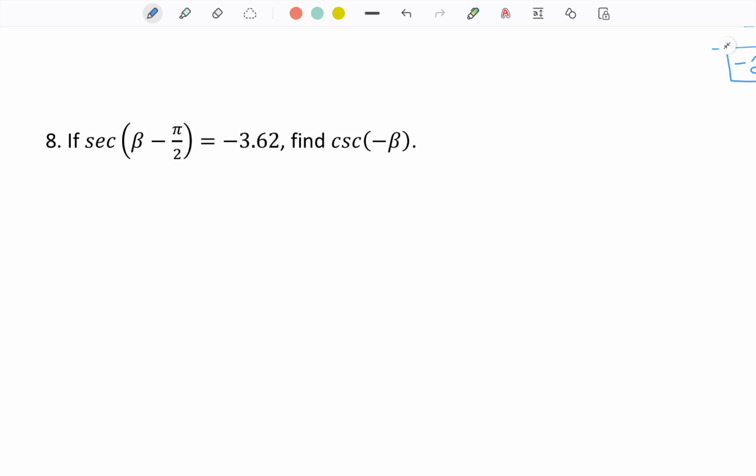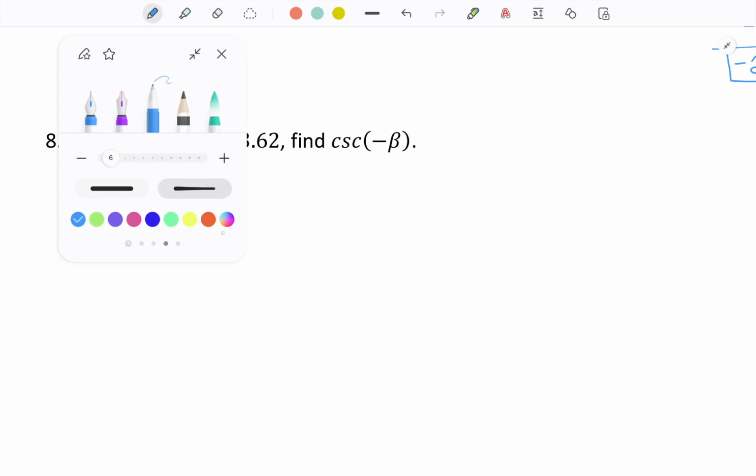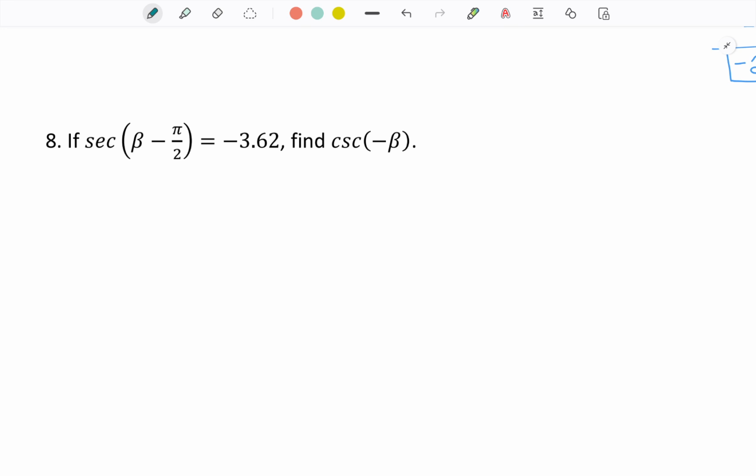Then for our last problem for this lesson, we have number 8. We have secant of beta minus pi over 2 equals negative 3.62. We need to find the cosecant of negative beta. So we are going to take our secant, pretty much our statement as it is, and we're going to factor out that negative because we need that in a different order if we are going to be able to plug in for cosecant at all.